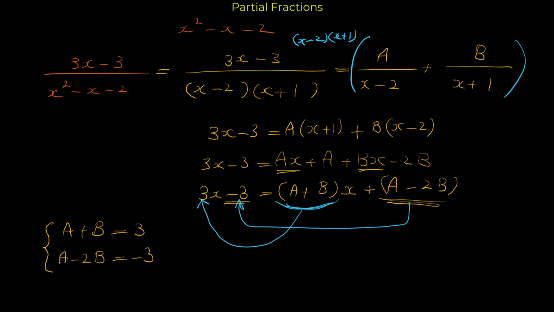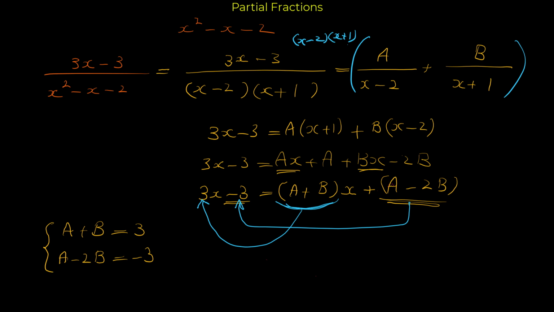So a plus b equals 3 and a minus 2b equals negative 3. Now we have here a system of equations: two equations with two unknowns. By solving this system of equations, we can finally find a and b.